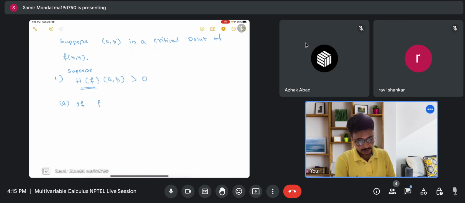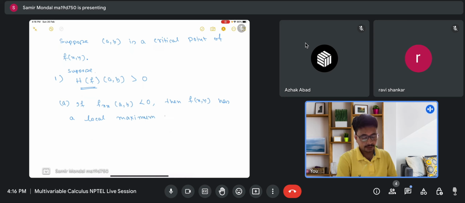If your second order partial derivative f of xx at the point AB is less than 0, then f of xy has a local maxima at AB.